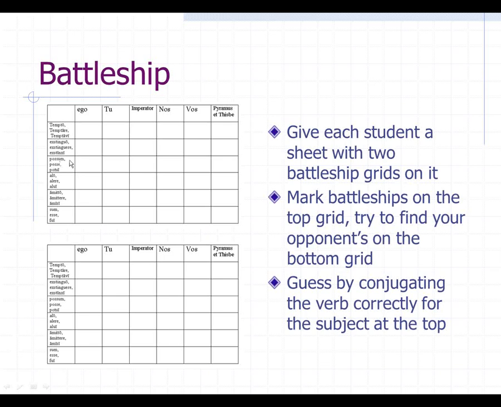So your opponent then finds the form you're looking for. So to guess this spot right here, I would say extinxeros, and you would check your board and say extinxeros is either a hit or a miss. And then obviously you win by sinking all of your opponent's ships, just as you did when you played Battleship when you were a kid.